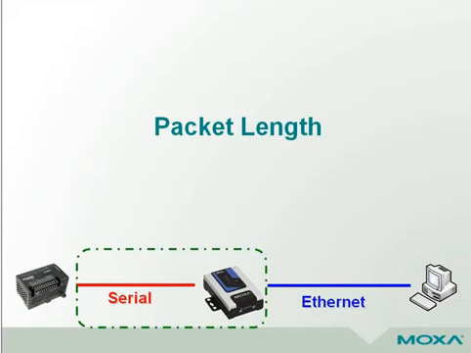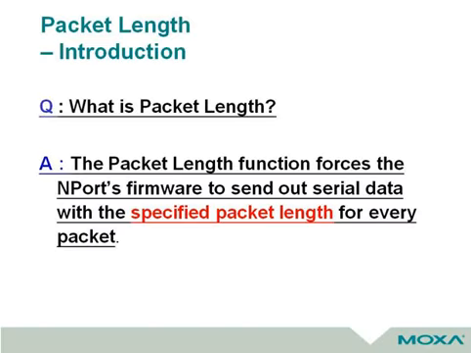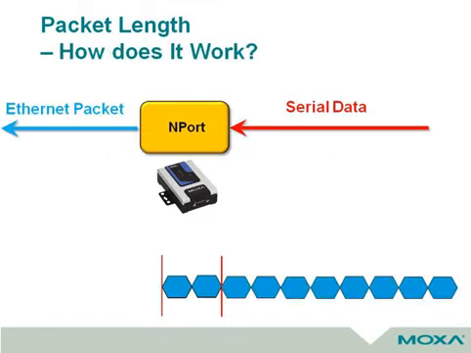The last function that I want to talk about is packet length. What is packet length? The packet length function forces NPort's firmware to send out serial data with the specified packet length for every packet. To give you an example, if I define the packet length as 2 bytes, the data will be divided every 2 bytes.